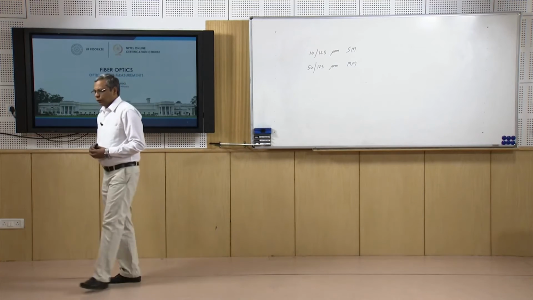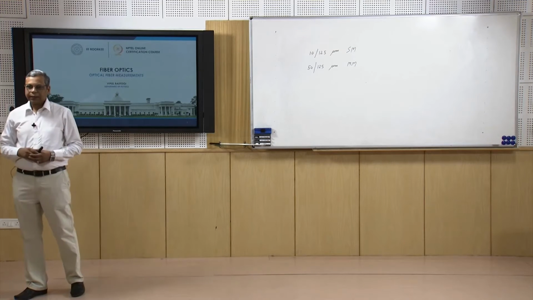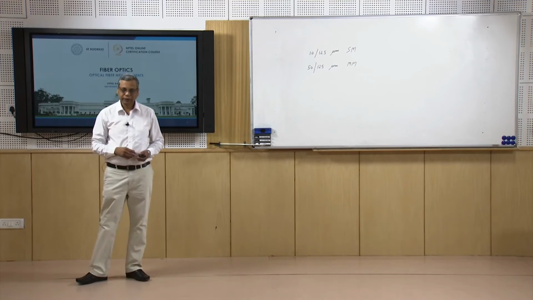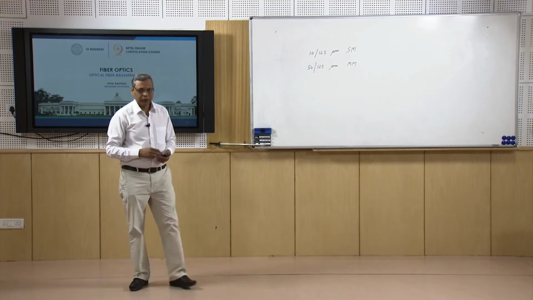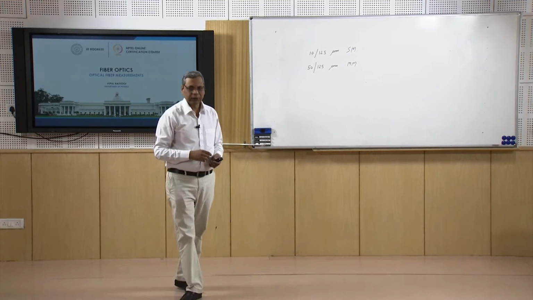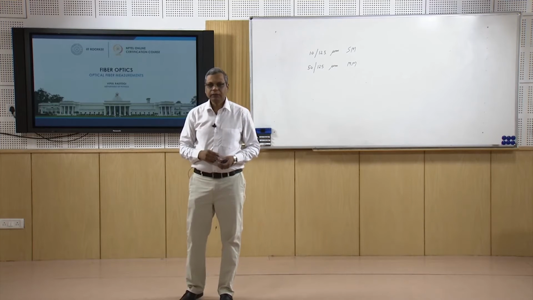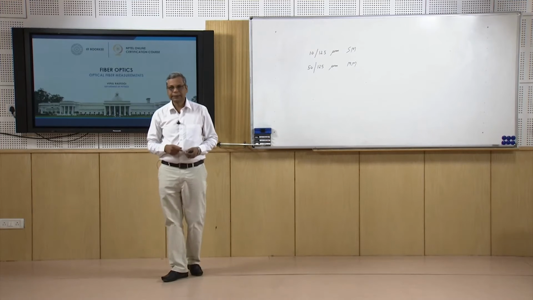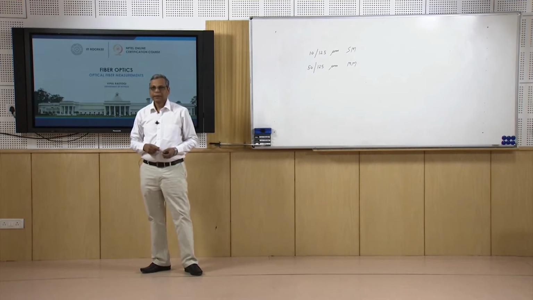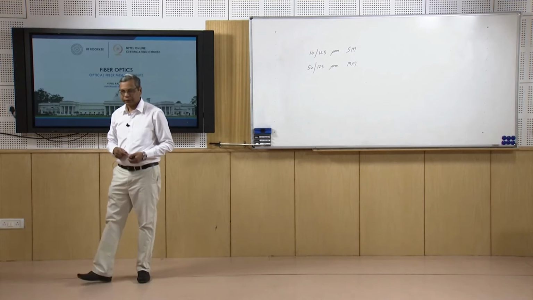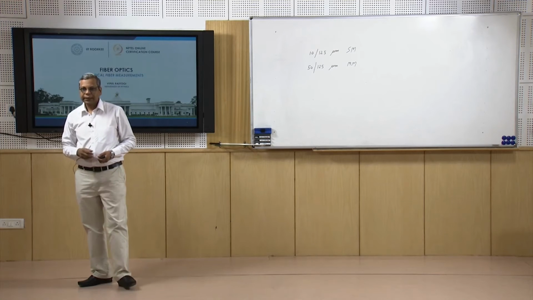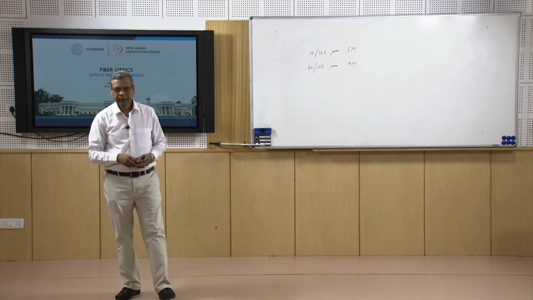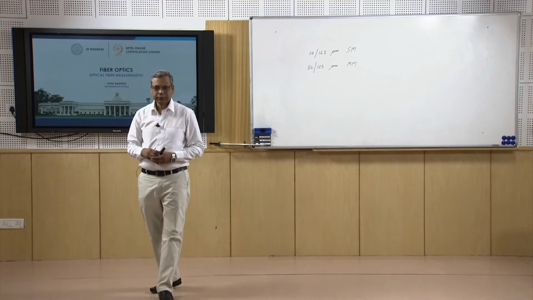First of all, to distinguish between a single mode fiber and multi-mode fiber, of course, it has to be at a certain wavelength. So, what you could do is launch light of that wavelength. For example, if you want to know whether the given fiber is single moded or multi-moded at 633 nanometer wavelength, you can take a laser at 633 nanometer wavelength, launch light into it and observe the output.